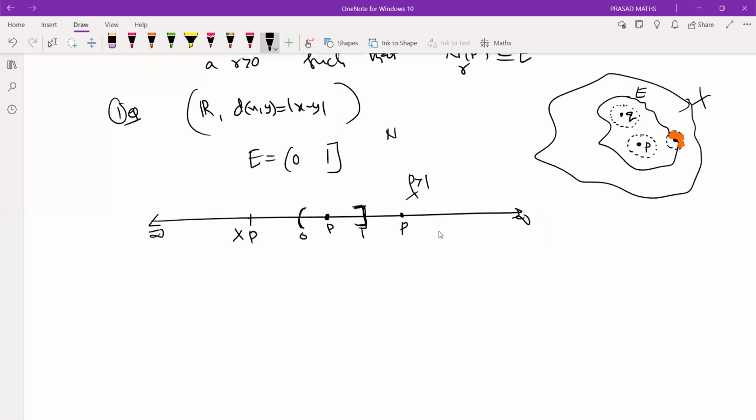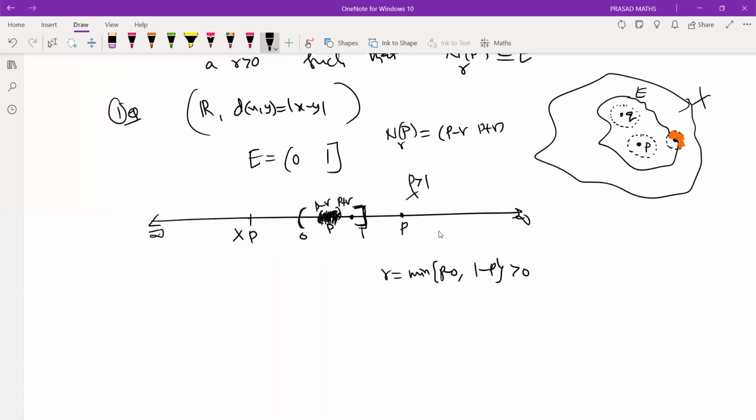When you are working with the usual metric, that neighborhood is nothing but a bounded open interval, P minus R to P plus R. So I can adjust a very small, teeny neighborhood which is inside the set. In fact, you can take R equal to the minimum of P minus 0 and 1 minus P, which works. This neighborhood, P minus R to P plus R, is inside the set. So therefore, P is an interior point of the set.